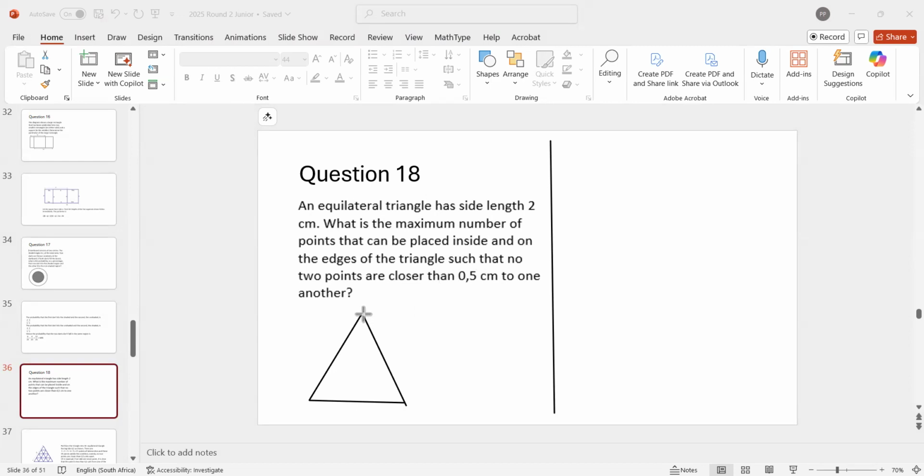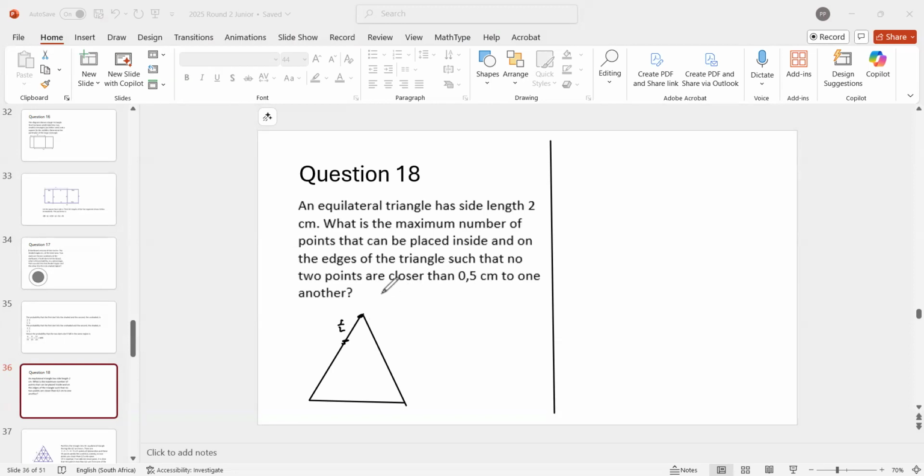So suppose I start here. I'll put the first point here. So I cannot put the second point within half a centimeter, right? But I can put the second point exactly half away. These 2 points, the distance is exactly half, and they're not closer.